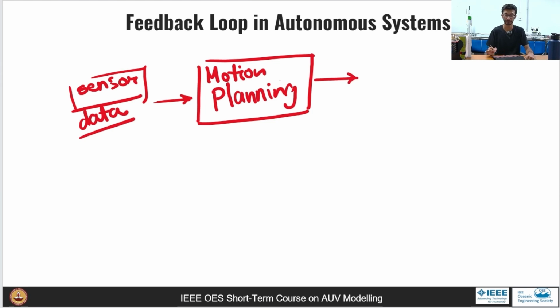The motion plan will tell the autonomous system from a given start state how the system can reach its target goal state.